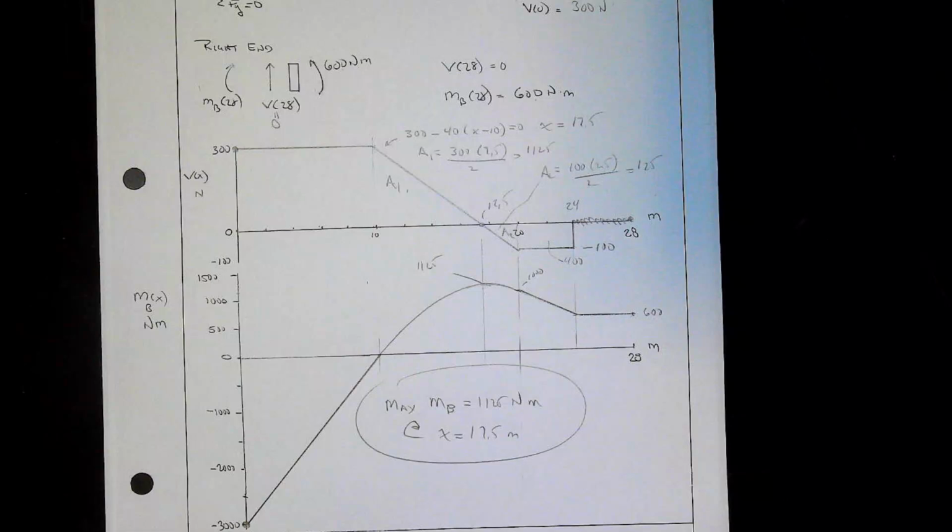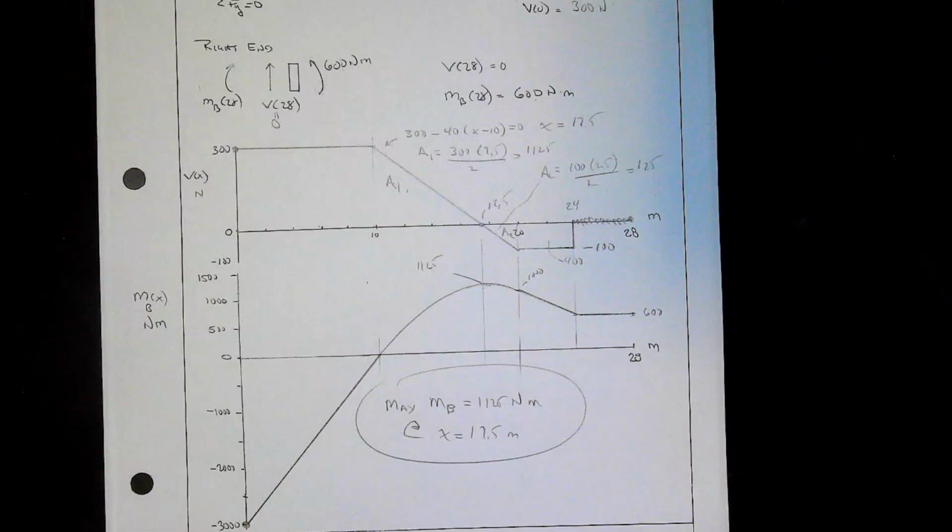So first section, before we went across with force, now we go across to integrate shear. 300 for 10 meters. So 300 times 10 is 3,000. So we start at minus 3,000, we add 3,000. Boom. All done with that. This is going to be where our peak is. And we're going to add on 1,125 in here.